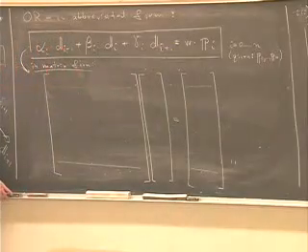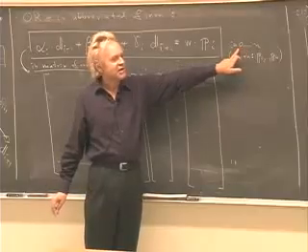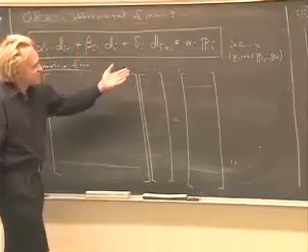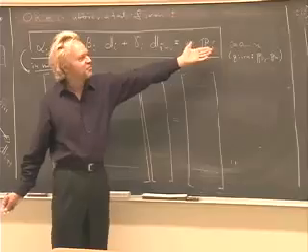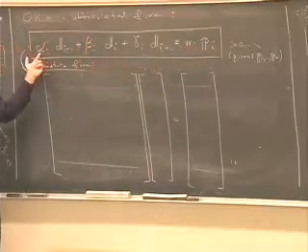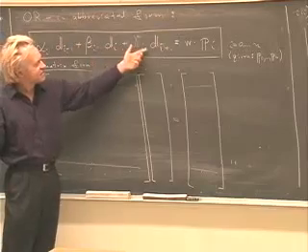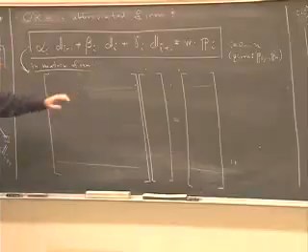How many equations do we have in total? n plus 1 equations. The first equation we get when we plug in i equals 0: alpha_0 times d_{-1} plus beta_0 times d_0 plus gamma_0 times d_1 equals weight w_0 times p_0.